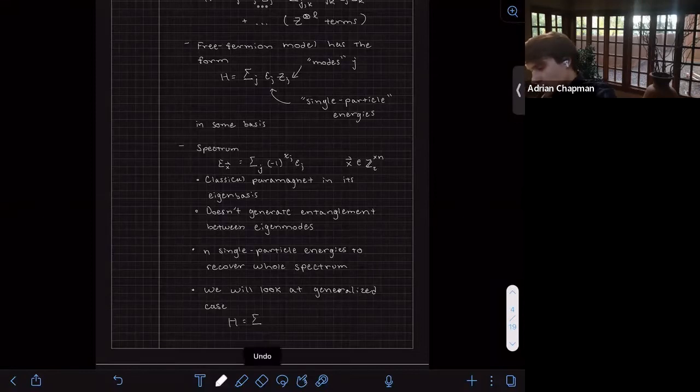I want to say there's a bit string y, so y is some bit string, and the number of bits is, let's just call it big L for now. For each bit string, we have a different free fermion spectrum.